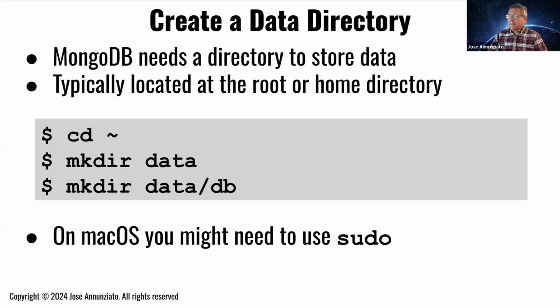Now, when you install Mongo, it asks whether you want it to be executable from the command line like this, or if you prefer to install it as a service. It's your choice. However you want to install and configure your database, that's fine. If it's a service, it means that typically it'll run all the time.